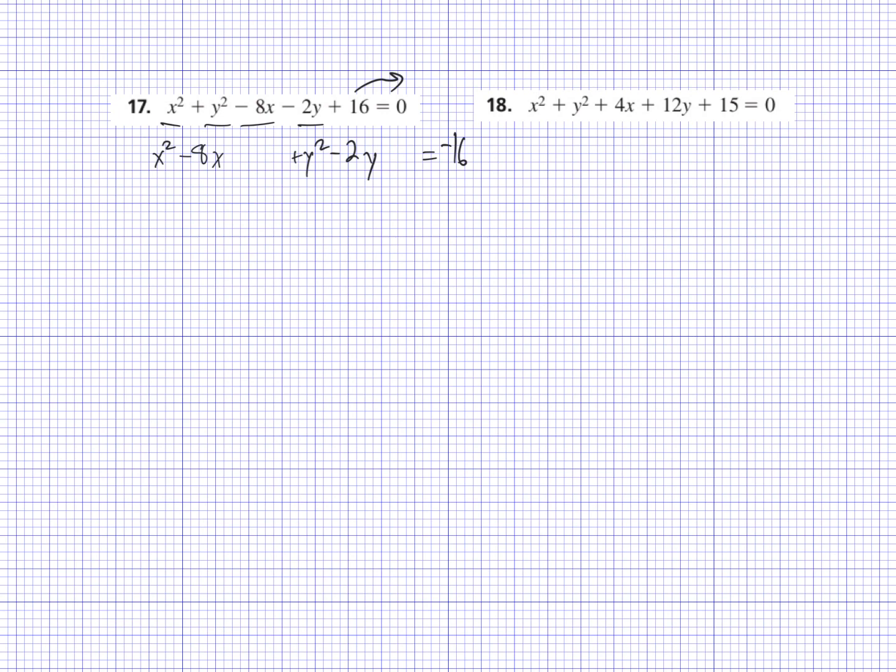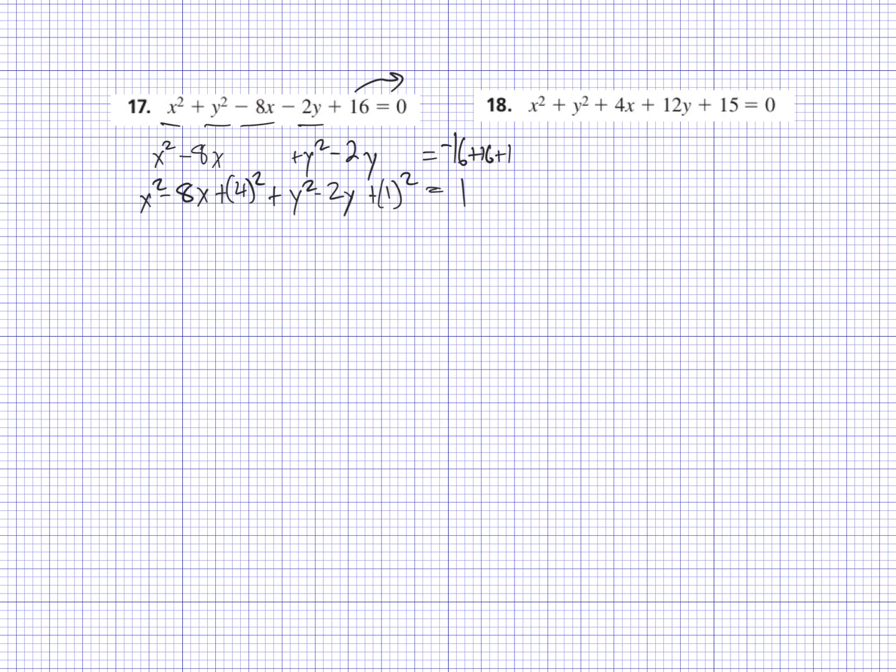Okay, so now we complete the square. Half of 8 is 4, and we're supposed to square that and add it to both sides. So 4 squared is 16. And then we have y squared minus 2y. Half of 2 is 1. We're going to square that and add that to both sides. 1 squared is 1. So really what we have on the right side is 1, because the 16s cancel out.